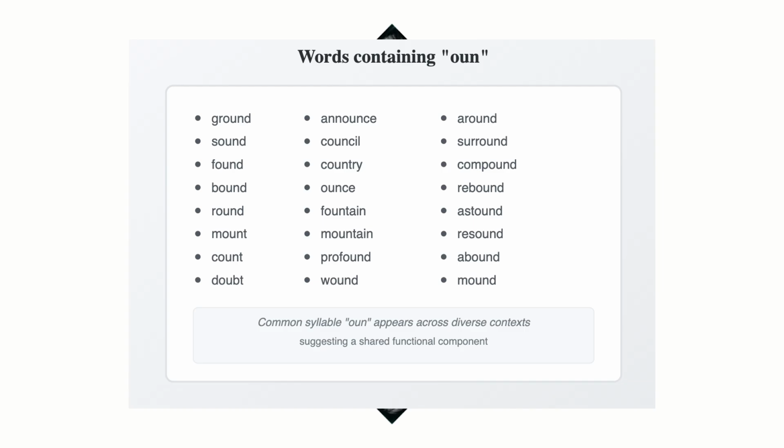Think of announce, bound, council, county, country, doubt, ounce. Very prevalent, isn't it? So prevalent, you think it's a word all to itself, but it's just a preposition, a sort of device that we use around words. But in this analytic method we're following, it's to be treated as a word all to itself, an atomic word.